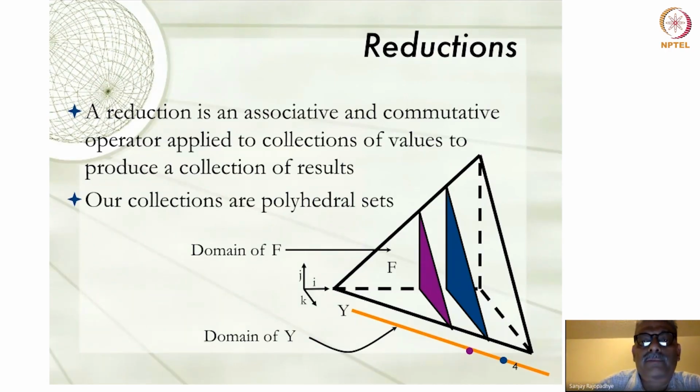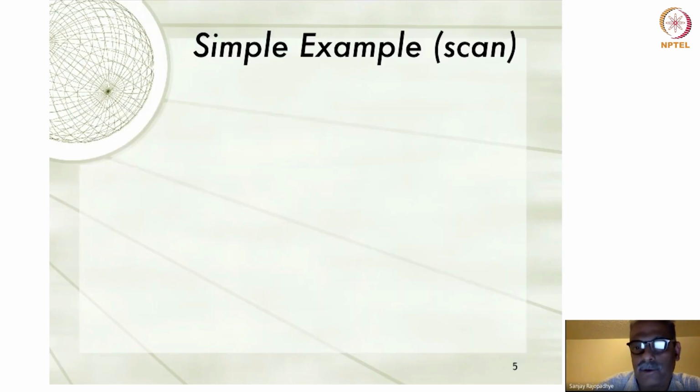What I am doing is I am combining all the points, all the values of f in this triangular slice. I'm combining it by some operator like max or like addition to produce a single answer. So here is a simple example.